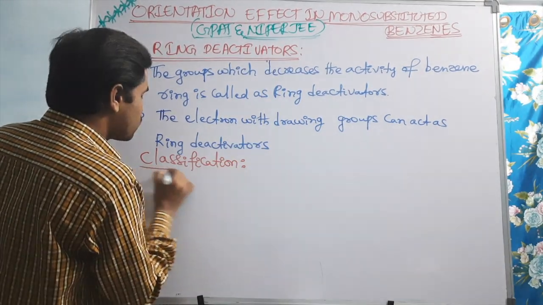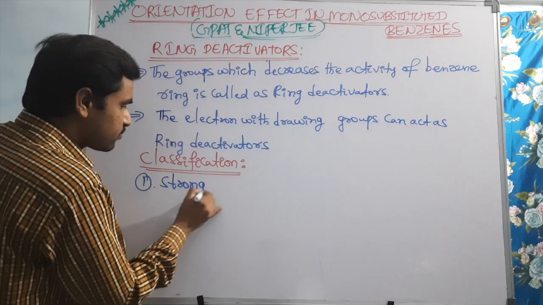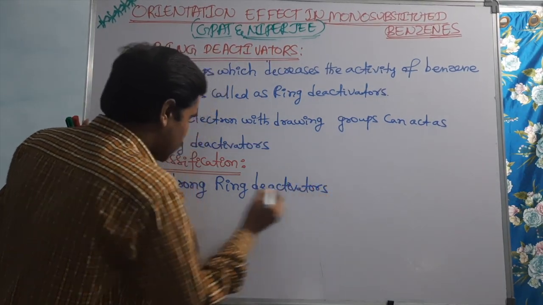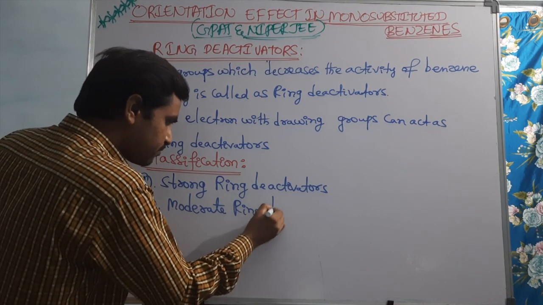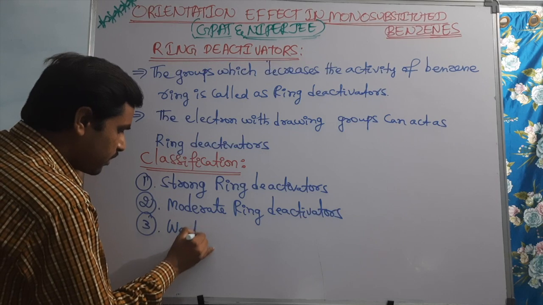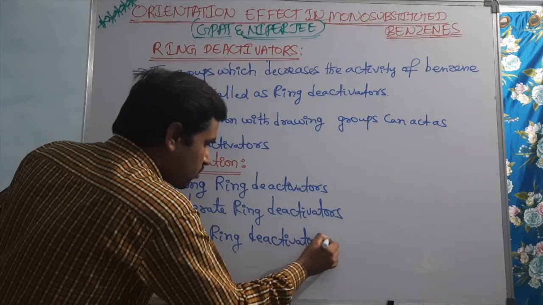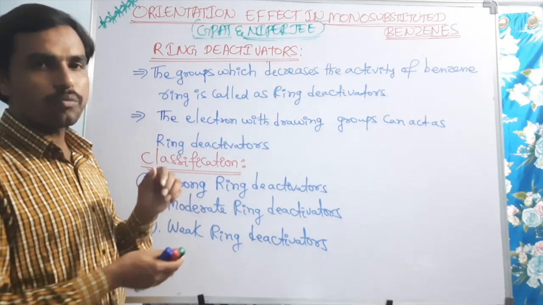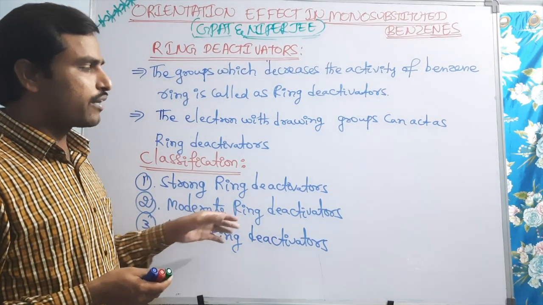This is classified into three types: first, strong ring deactivators; second, moderate ring deactivators; third, weak ring deactivators. These are the three types.